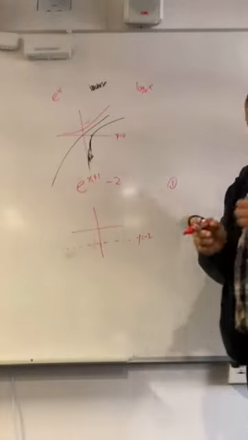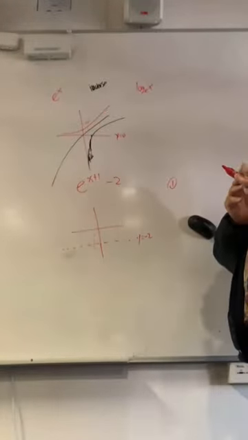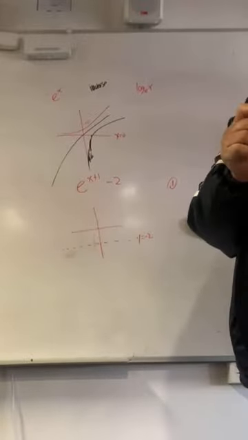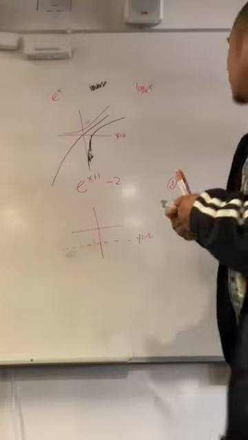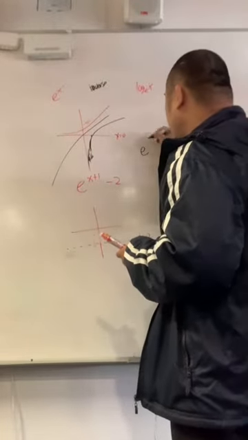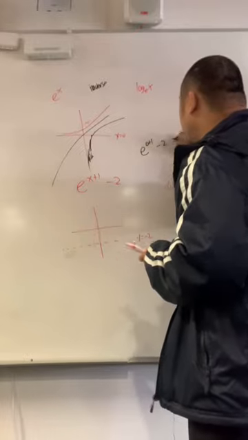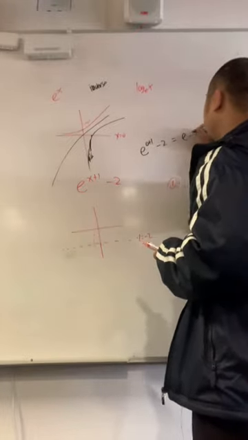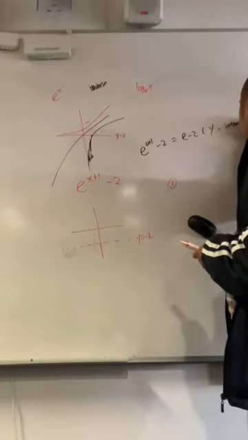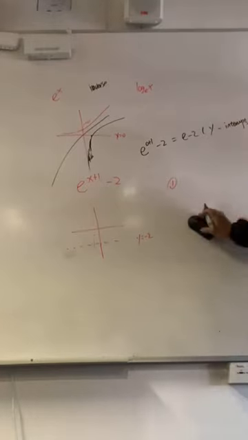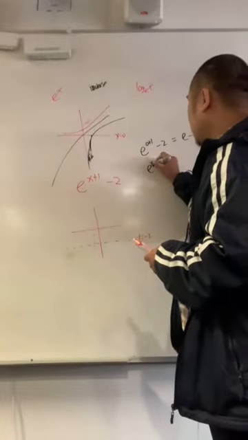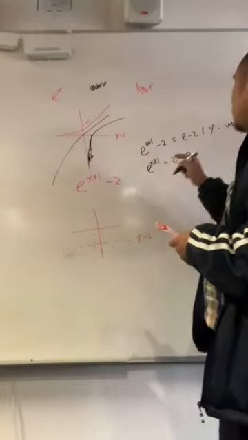We still want to find the x-intercept and y-intercept so that we can connect them. How do we find them? We just solve the equation. For the y-intercept, we make x equal to 0. So e^(0+1) minus 2, that would be e minus 2. That would be the y-intercept. The x-intercept is when y equal to 0.